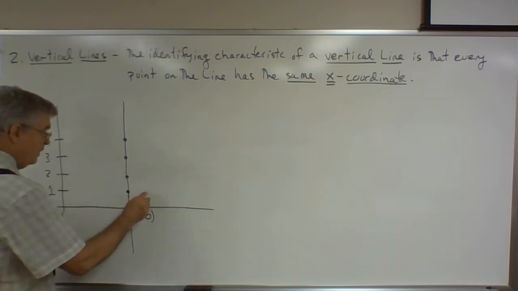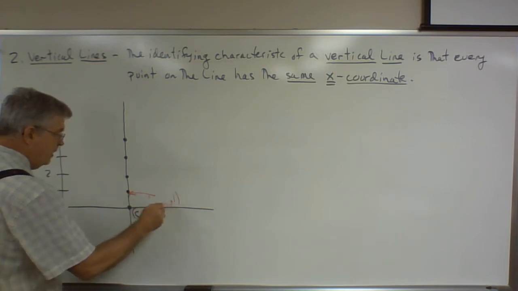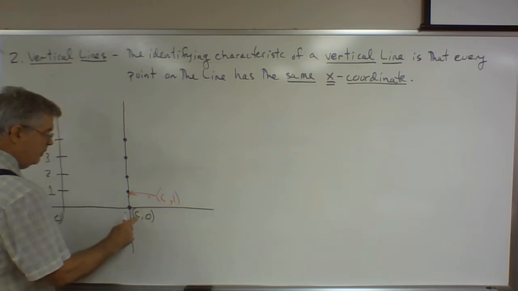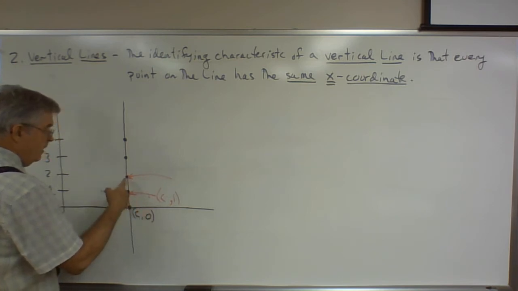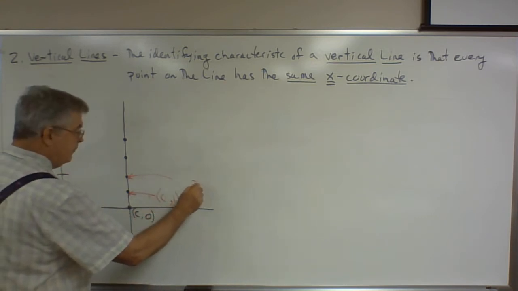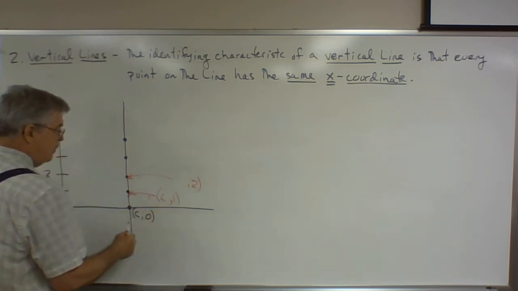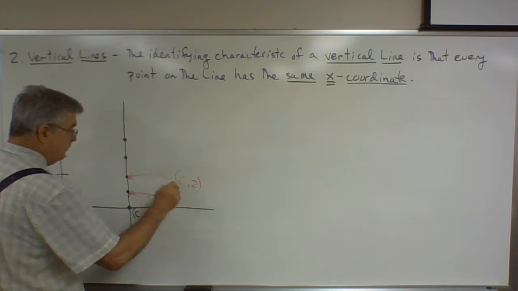Here the y-coordinate is 1. The x-coordinate is c, the same as the x-coordinate of this point. Here, the y-coordinate of this point is 2. The x-coordinate of this point is the same as the x-coordinate of these 2 points, which is c.